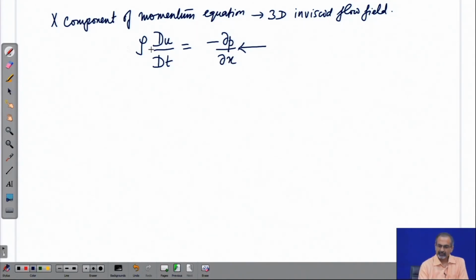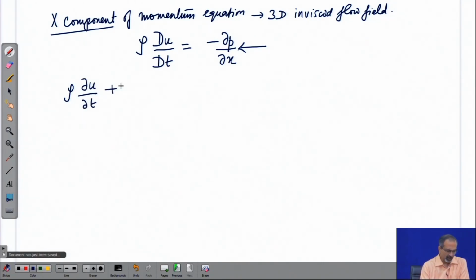So, like you are writing it for the x component, you can similarly write for other components, but here we need it only for this component to show the next analysis that we would like to do, that is to derive a very important equation for inviscid flows, which is called the Euler equation. Let us expand the left hand side.